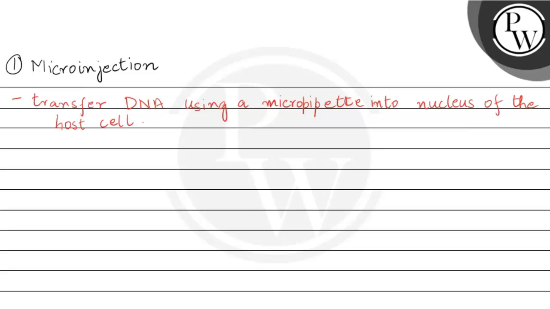The second method of gene transfer is electroporation. Electroporation is a method in which we utilize high voltage for a short period of time, and this high voltage causes the formation of pores in the cell membrane of the host cell.